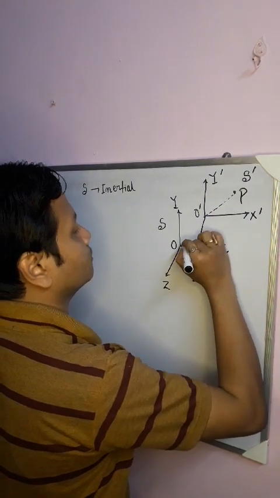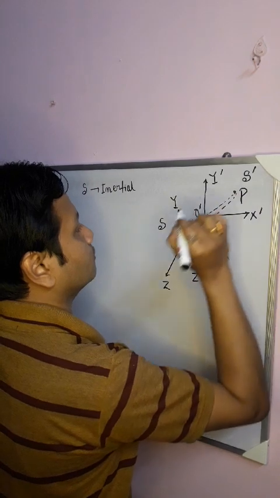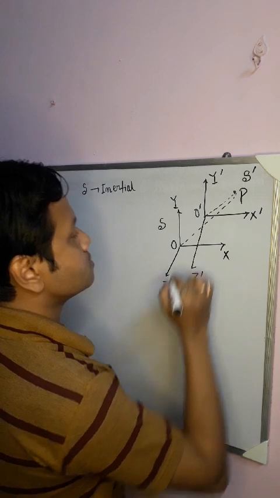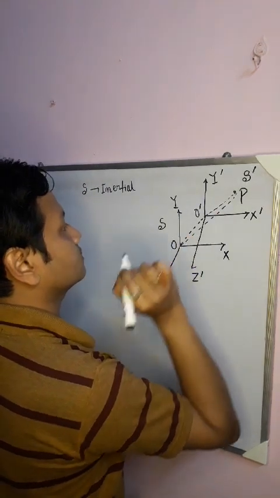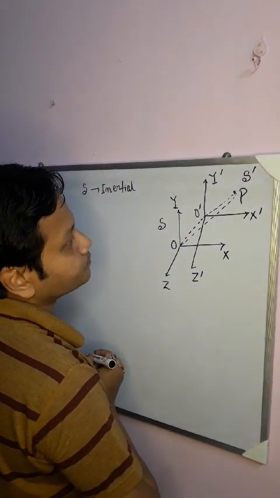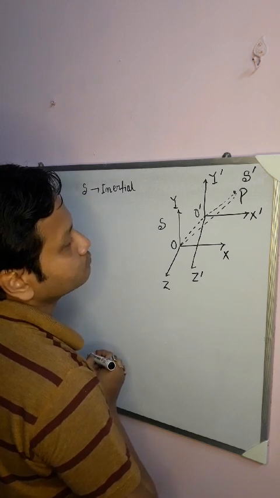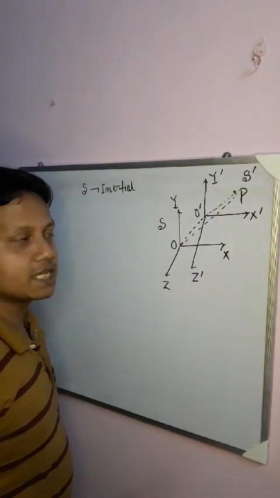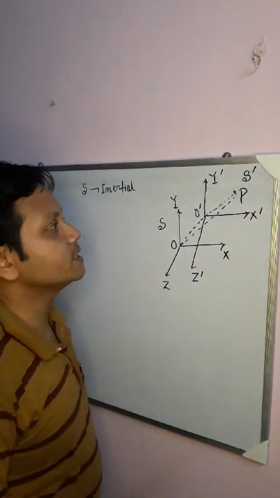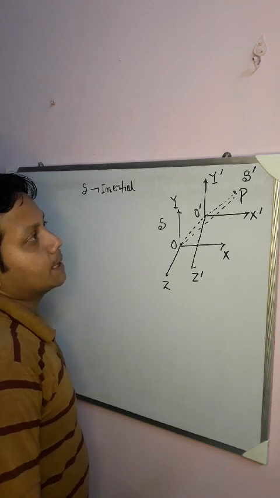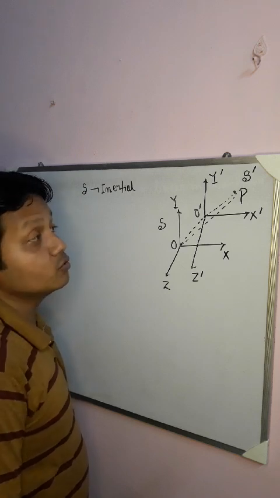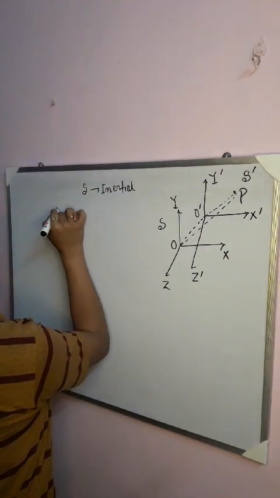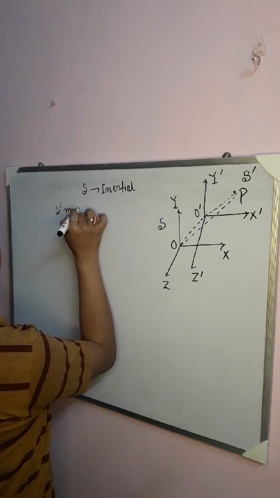Now suppose the frame S dash is moving with a velocity, say v naught, with respect to the S frame.